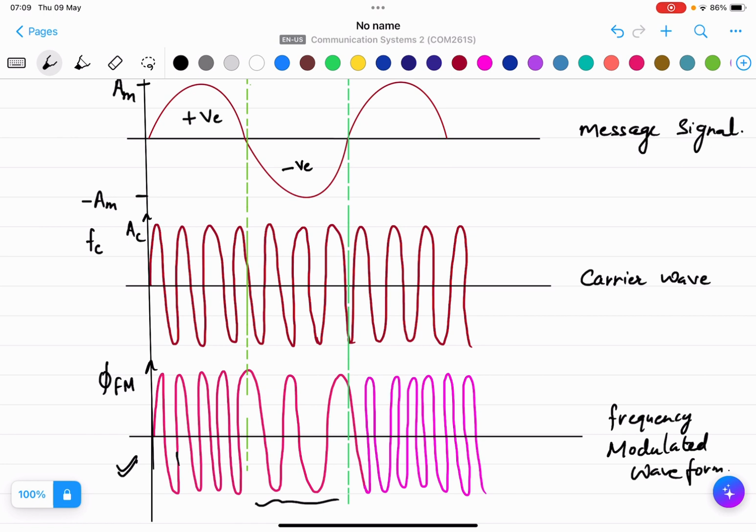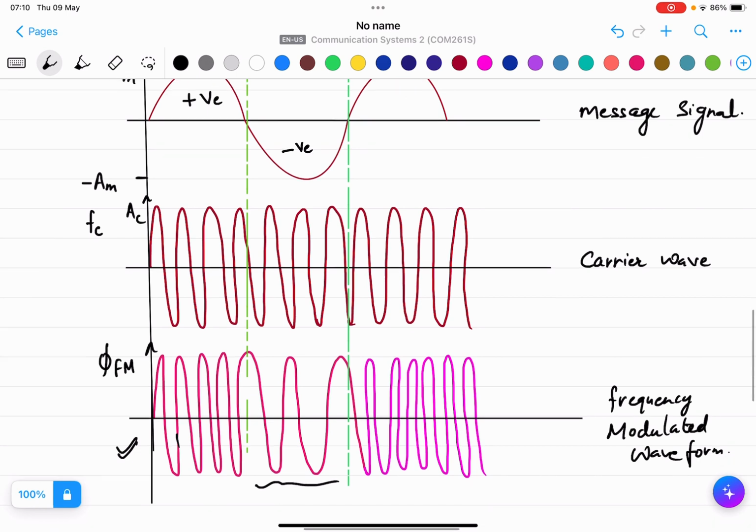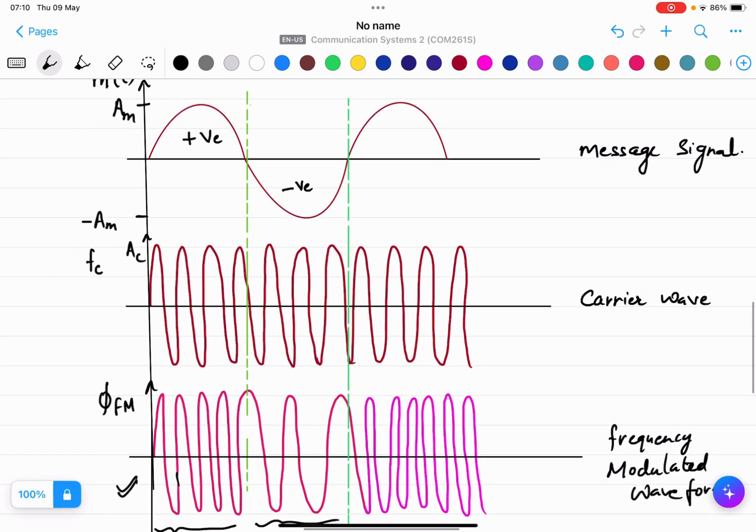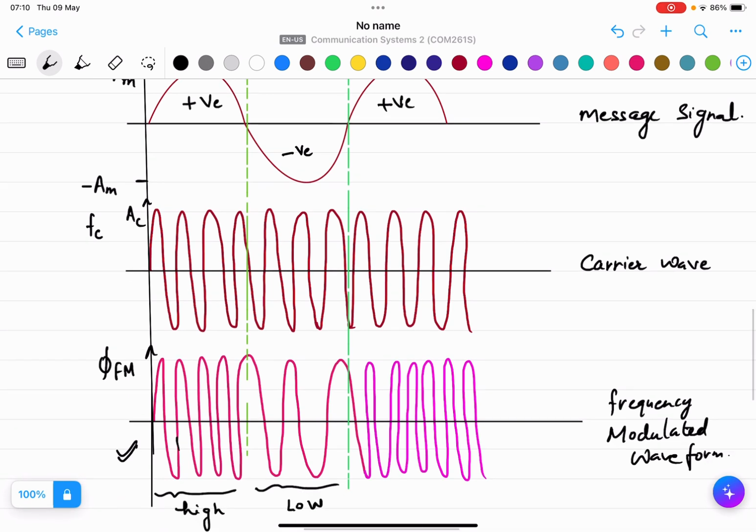So we are making these apart from each other, right? So here the frequency is low, and here the frequency is high. Okay, and again the message signal is positive here, and now you can see the frequency is high again.